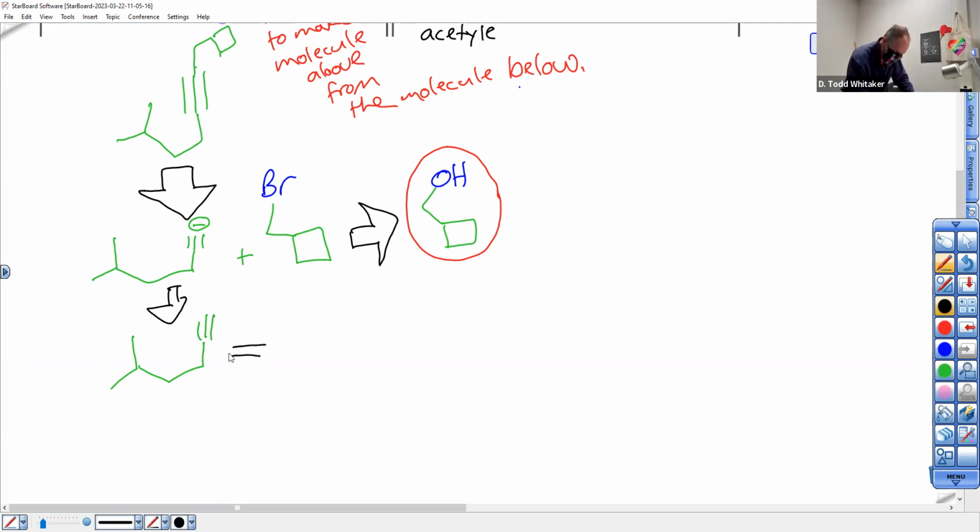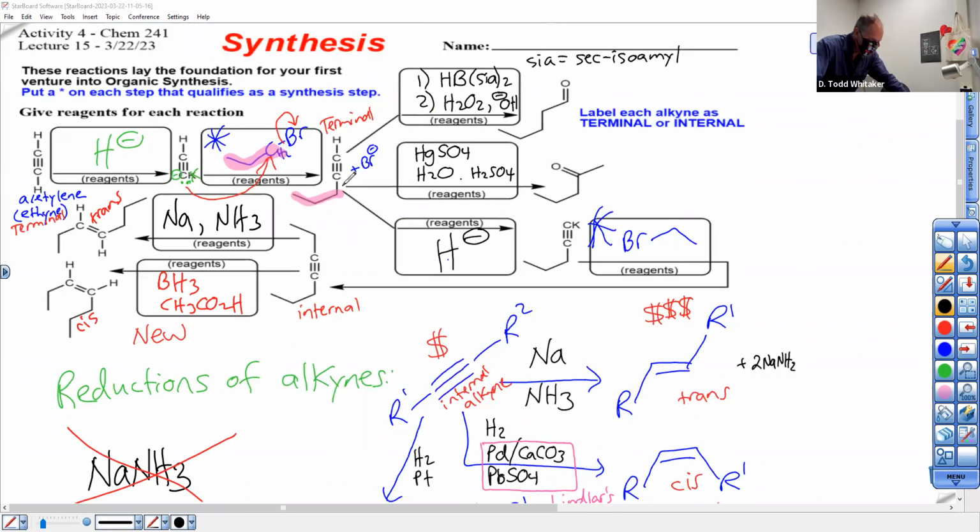And now the question is, what was it before it was that terminal alkyne? I'm going back. What was it before it was the terminal alkyne right here? It was 2 pieces, the blue piece and this piece. The carbon with the halogen. I almost called it a leaving group by mistake, but you've never heard that before. But that's what it is. Carbon with a halogen and a C-triple-C minus.